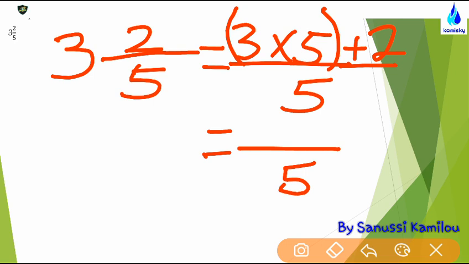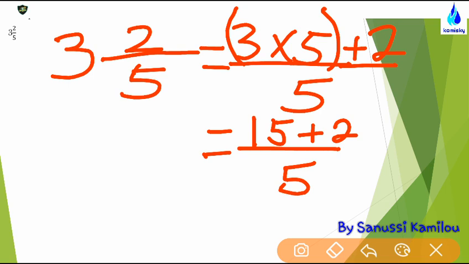We all know that 3 times 5 is what? 15. You are doing very well. And then plus 2. Always when you have a bracket, solve what is inside the bracket first. When you are doing calculation, always solve the multiplication first before you do any other operation.